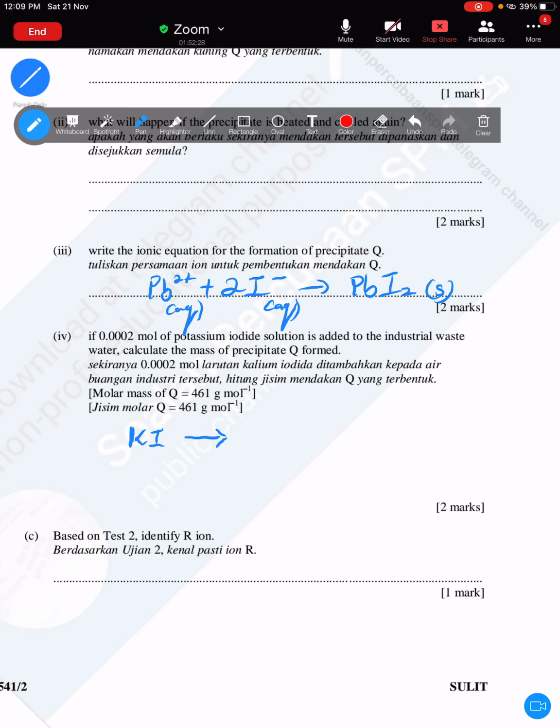This is 0.002, and of course it breaks into K+ and I-. As you can see, this is a 1 to 1 ratio to the KI. Therefore, over here is 0.002 as well.